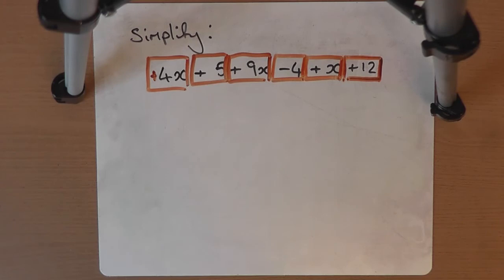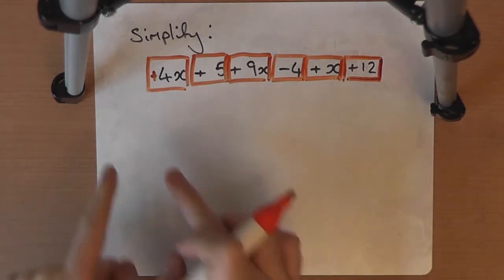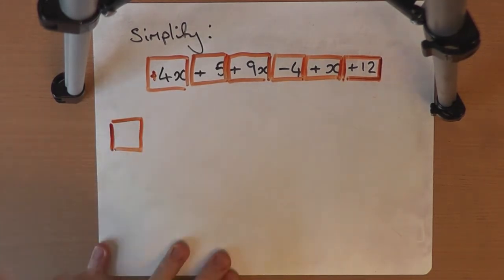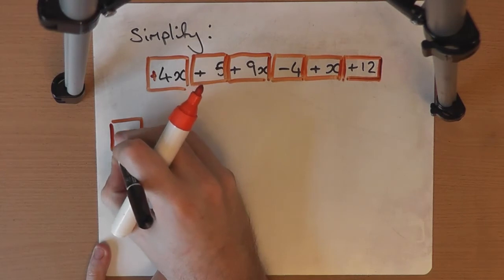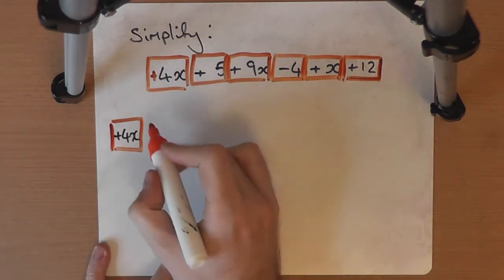So surely when I move them, I could collect all the x's on one side of my page and all the numbers on the other side, all of one type over here and all of another type over here. So over here, let's collect the x's. Well, what have we got? We have got the 4x, the plus 4x really. And we have got the plus 9x.